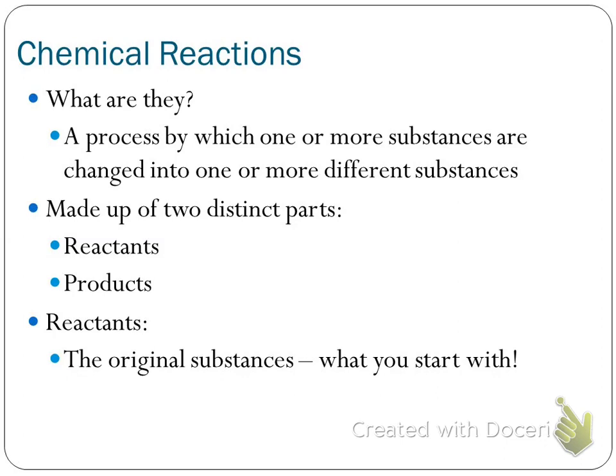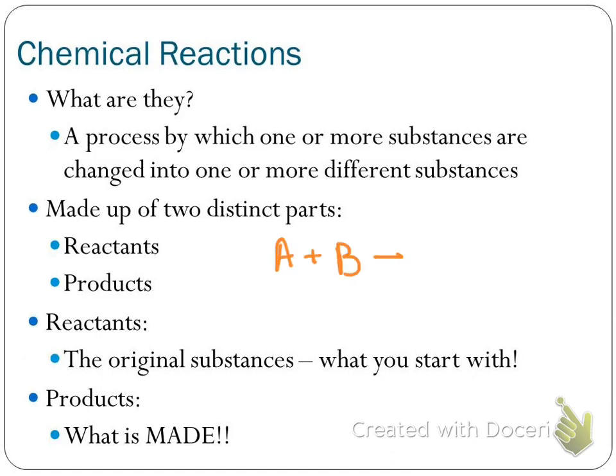Okay, so the reactants are what we start with. It's what does the reacting, and the products are what is made. Okay, so the reactants are what's doing the reacting. The products are what has been made or what's been formed.